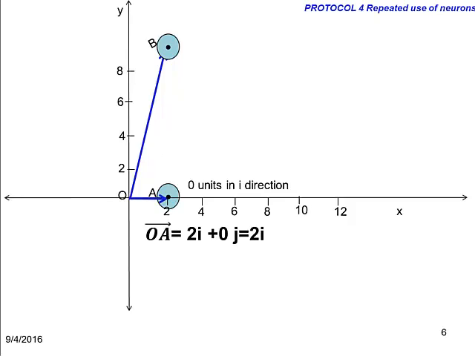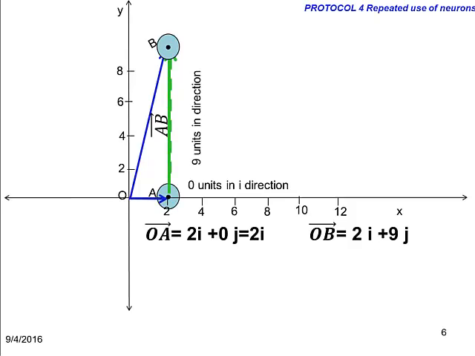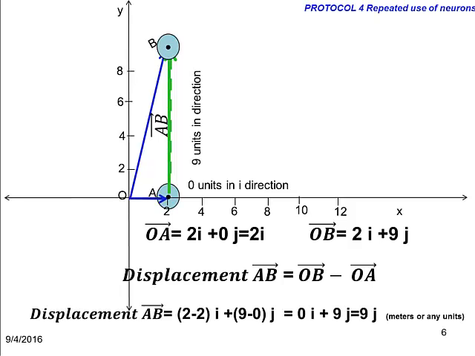What is its new position vector? We can see that the new position vector OB is 2i plus 9j. Finally, the displacement vector is vector OB minus vector OA, that is 0i plus 9j units, or simply 9j units.